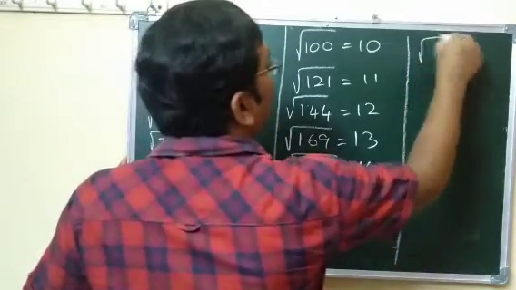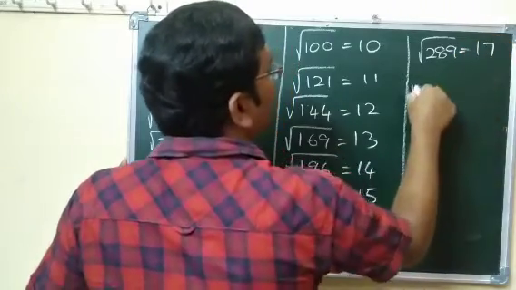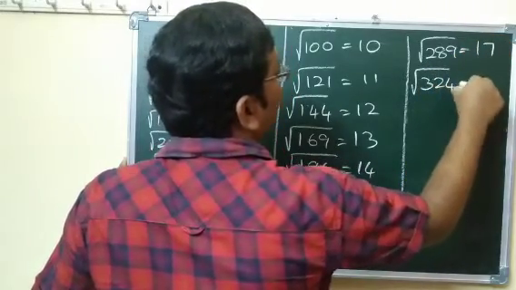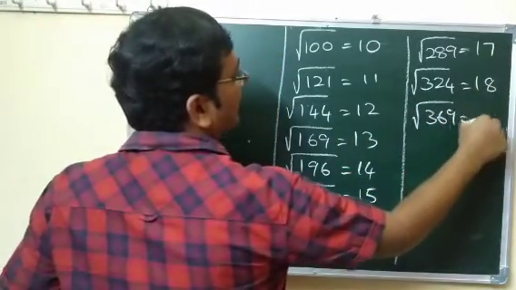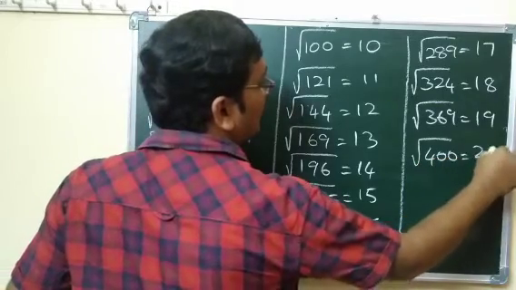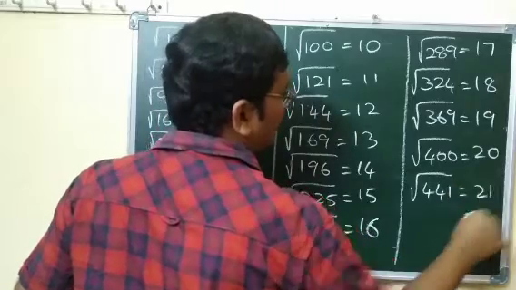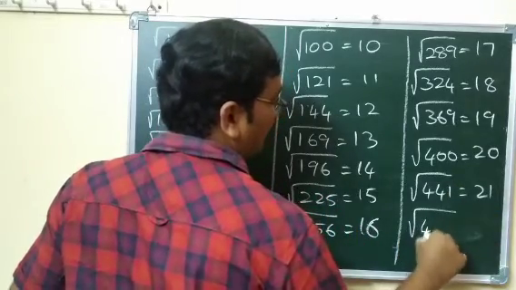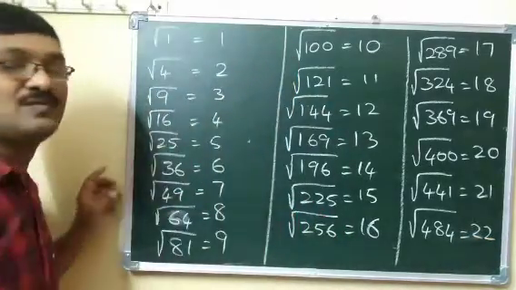Next one is root 289 is 17. Root 324 is 18. Root 361 is 19. Root 400 is 20. Root 441 is 21. Root 484 is 22.